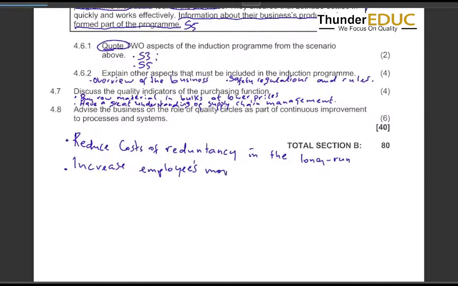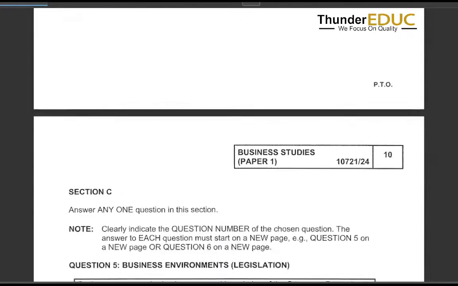Employees' morale or motivation. Okay. The last one, reduce costs in the long run. Okay, right, grade 12s. So now let's move on to section C.